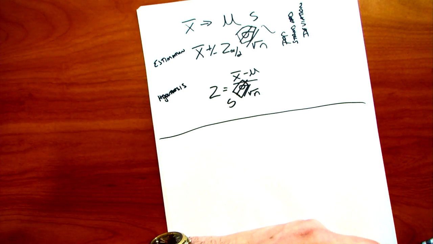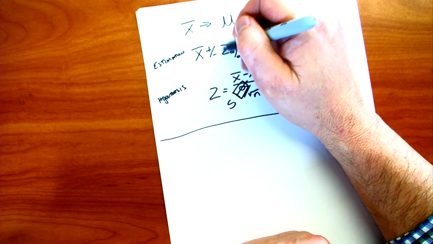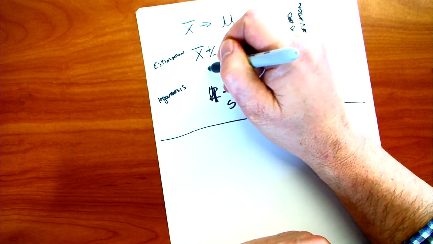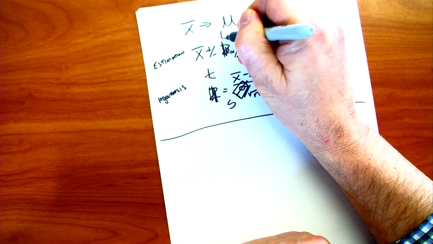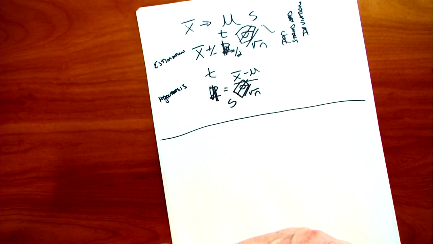It's distributed differently. It's no longer going to follow the normal distribution or the z distribution. It's going to follow something called the t distribution. It's actually called the student t distribution.